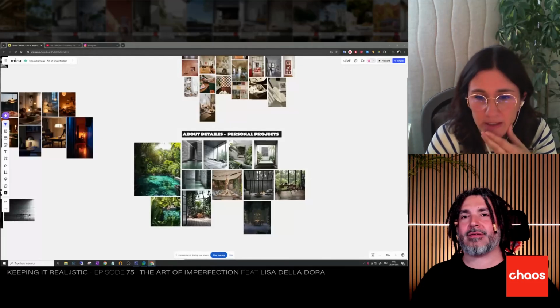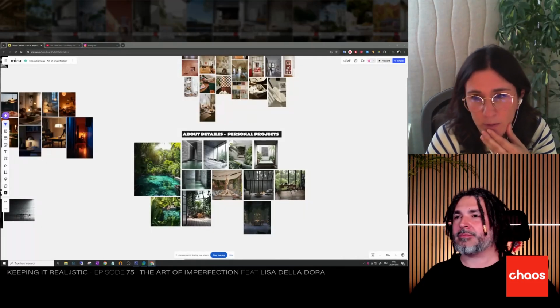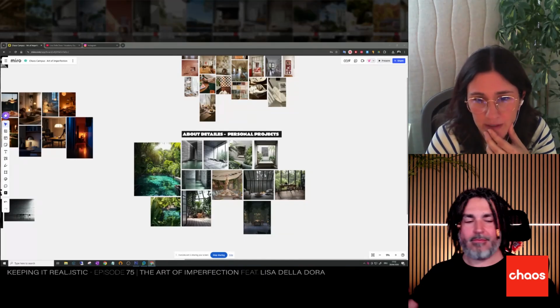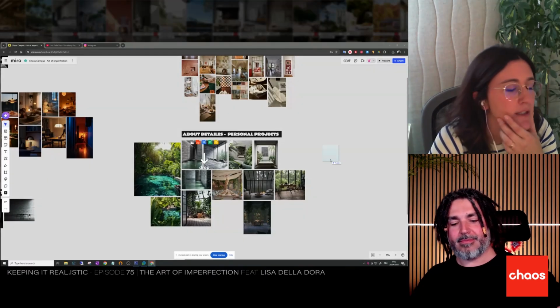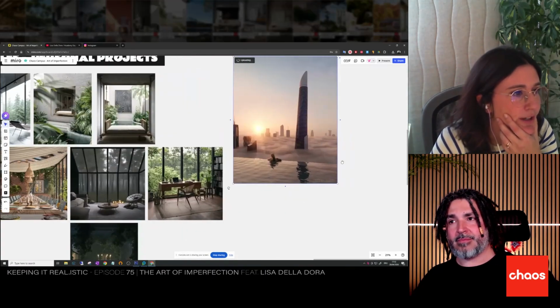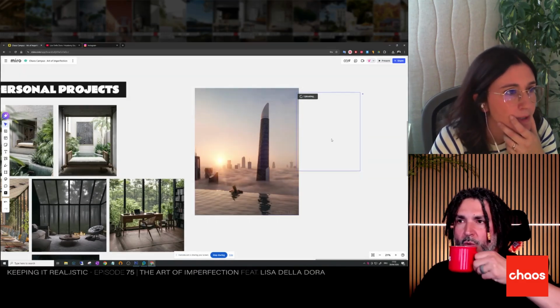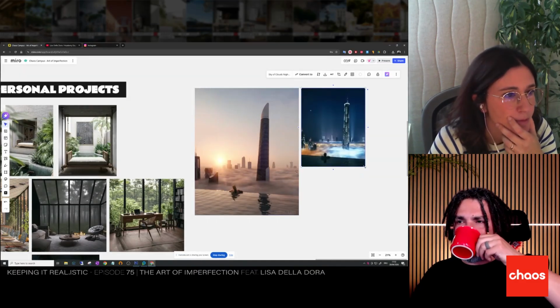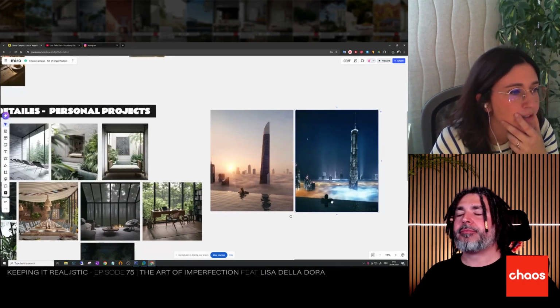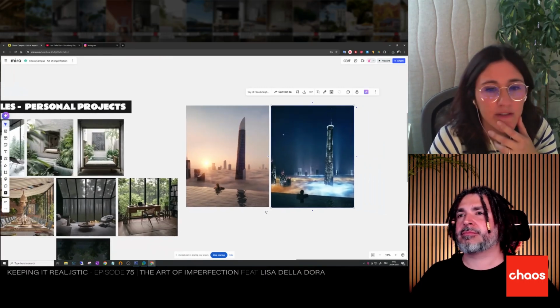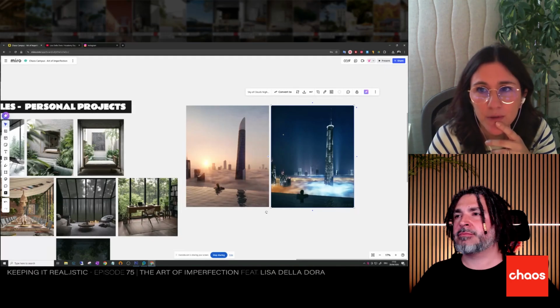I have this project. At some point, I was so upset. I mean, I'm always obsessed with volumetrics, but I really wanted to learn how to work with clouds and do them in 3D. Of course, you could do them in Photoshop, but I saw a similar photo, and I really wanted to replicate that.